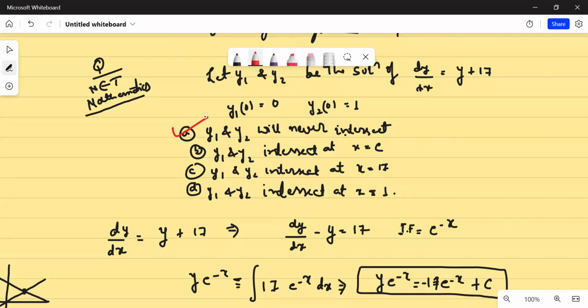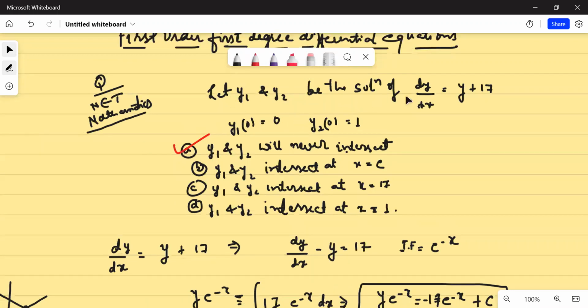Is that clear? Repeat once more. Okay, so look, what was given? Let y1 and y2 be the solutions of dy by dx equal to y plus 17. Two initial conditions were given. You were given one differential equation, and if it passes through (0, 0) or (0, 1), what would be the complete solution?